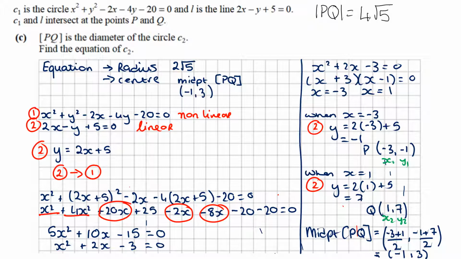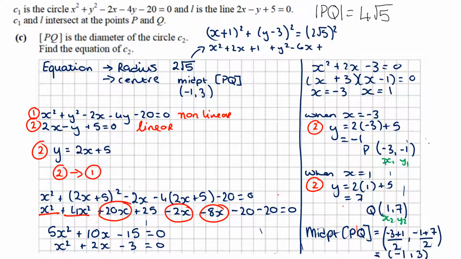So now all that we've left to do is to put this into an actual equation. I'm going to put it up here so we can keep the rest of our workings. So we're going to have (x minus h), that's (x plus 1) squared, plus (y minus 3) squared equals (2 root 5) squared. You can multiply that out if you like. x squared plus 2x plus 1 plus y squared minus 6y plus 9. 4 by 5 equals 20.